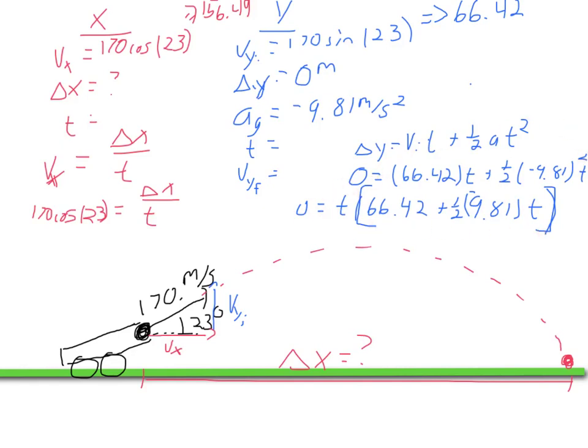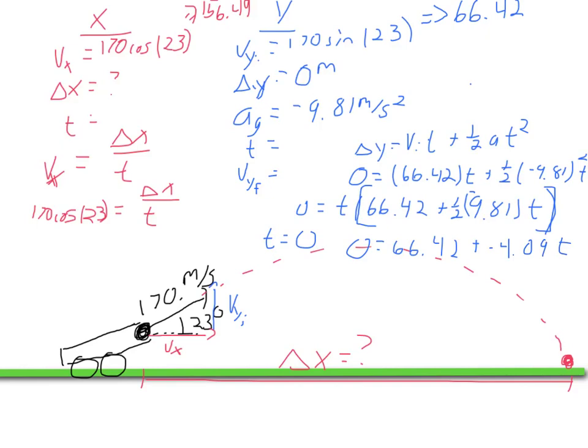Now, whenever you factor, just like all the other factoring you've done, you can set each factor on the left-hand side of the equation equal to 0. So that means t equals 0, and 0 equals 66.42 plus negative 4.09 t.